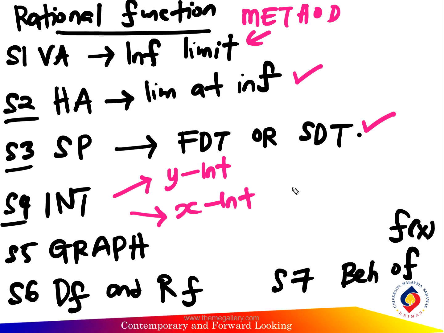Step 5, sketch the graph of the rational function. You plot the maximum and minimum points and the intercepts of the function, and you sketch the graph. Step 6, find the domain and the range of the function, and last you find the behavior of the rational function.